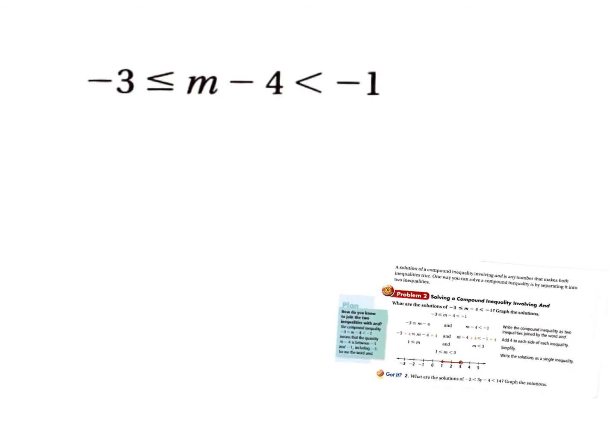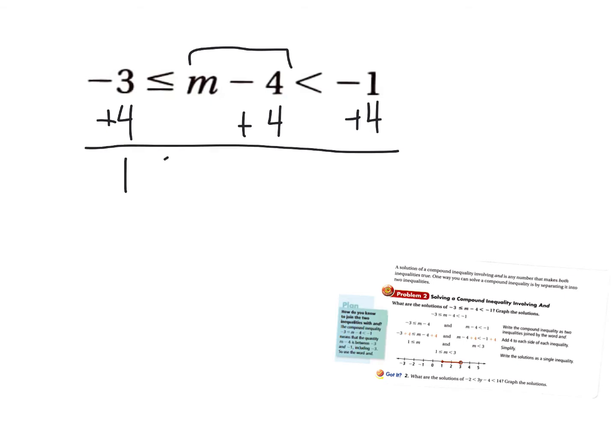So what we're doing is trying to get the variable by itself. So the variable is in the middle part here. With the variable, they're subtracting 4, so we can add 4. What's different is that when we add 4, we have to add it to all three parts of the inequality.